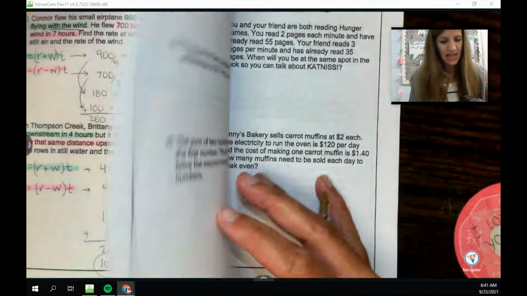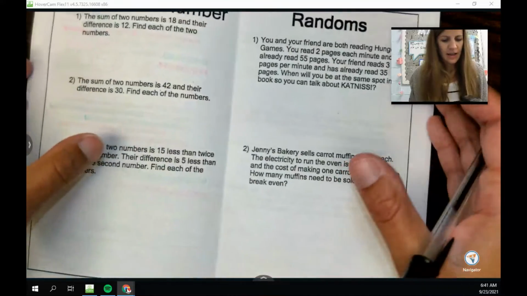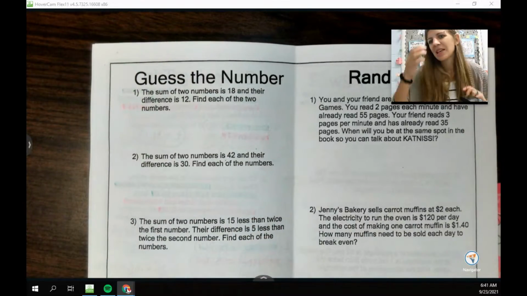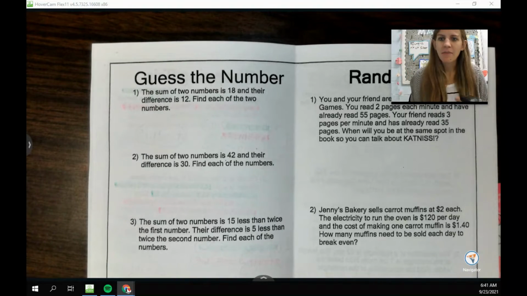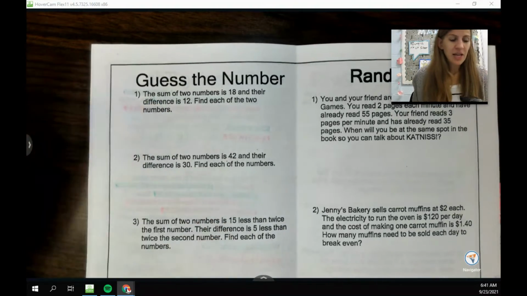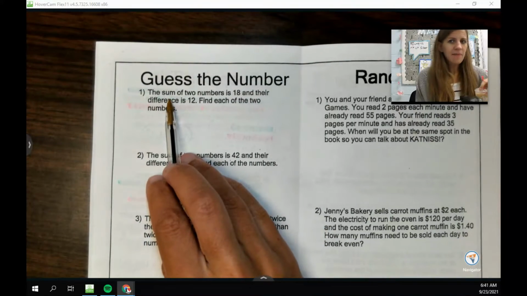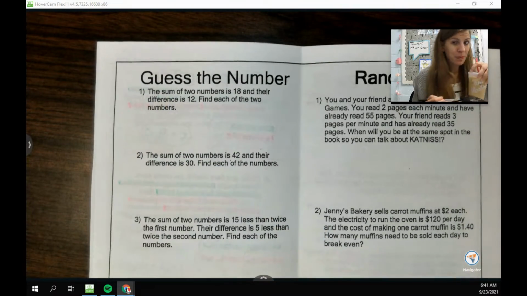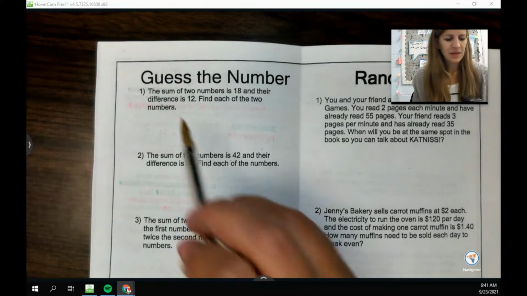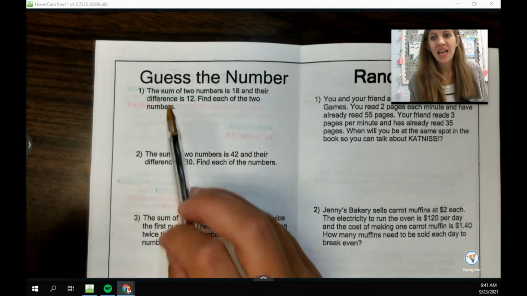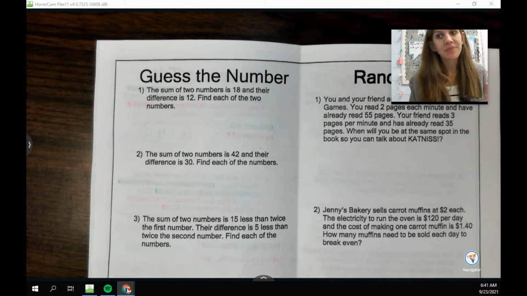Trying another set here. If we look at the old guess my number, this is a fun little game to play with somebody where you can come up with two mystery numbers and sum them and difference them, subtract them, and get like their sum and their difference.